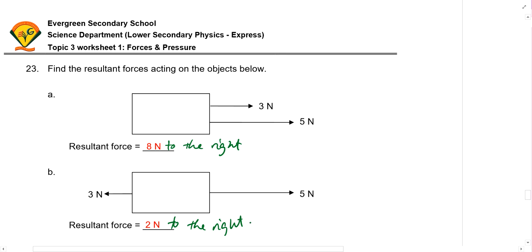Okay? So far I noticed that this worksheet didn't test on negative forces. So you must know if right is positive, then left must be negative. If left is positive, right must be negative. If top is positive, down is negative.